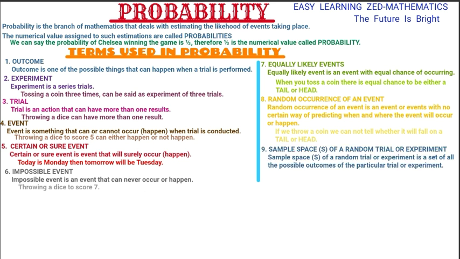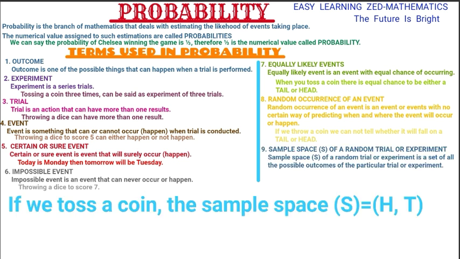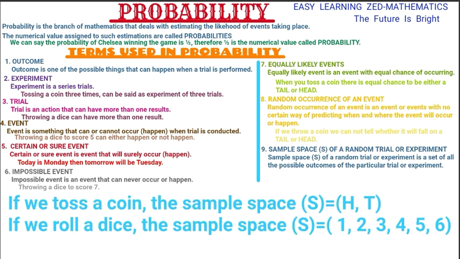For example, if we toss a coin, the sample space is head, comma, tail. So we can say head or tail. If we roll a dice, the sample space is 1, 2, 3, 4, 5, 6.